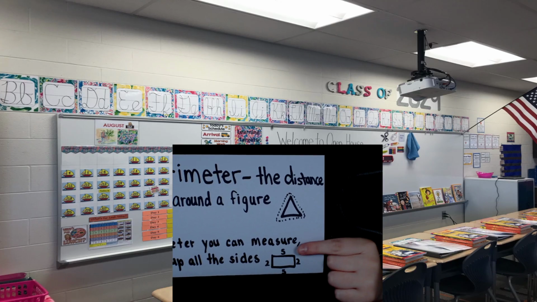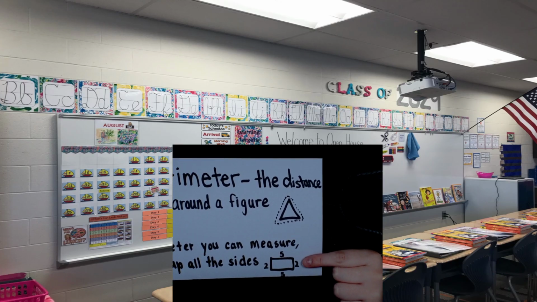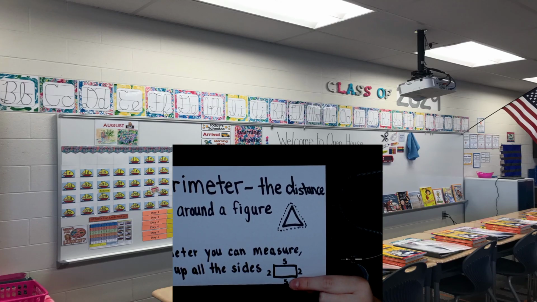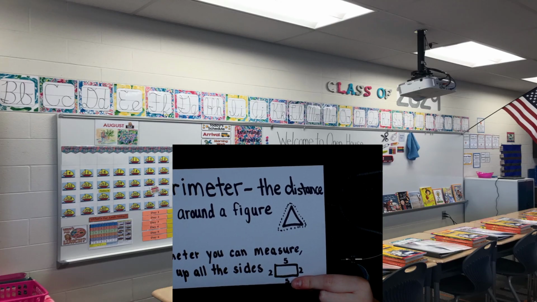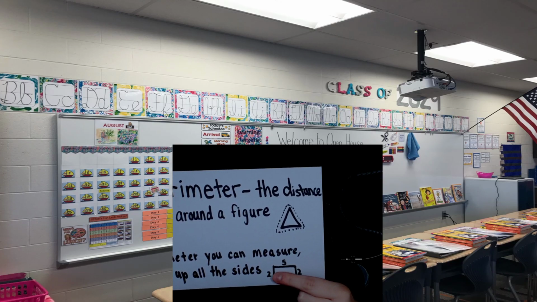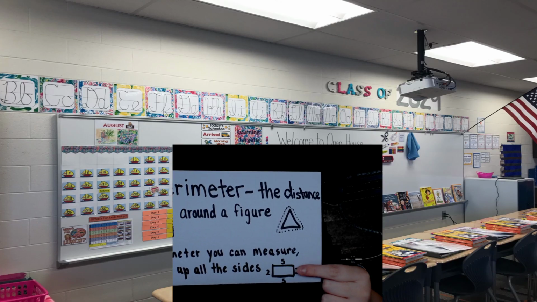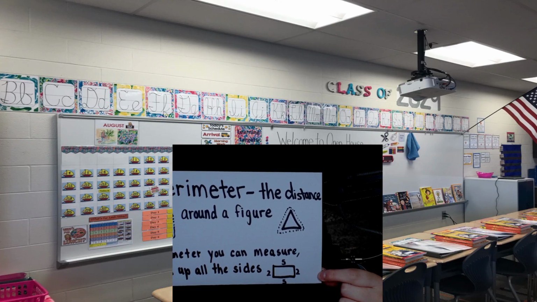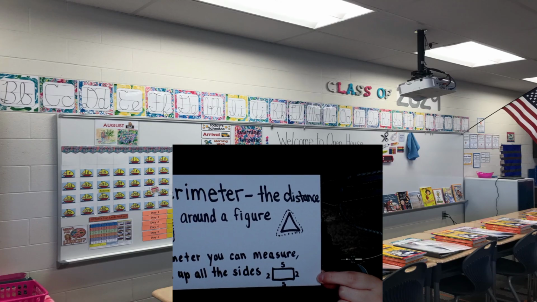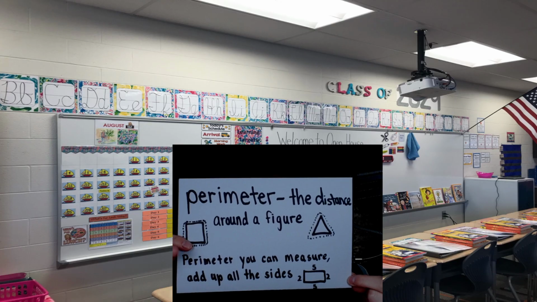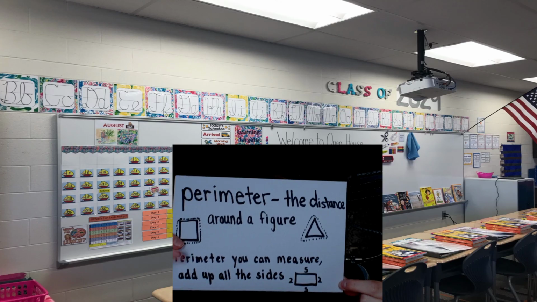Let's think. 5 plus 2 is 7. 7 plus 5 is 12. 12 plus 2 is 14. The perimeter of this rectangle would be 14 because I added up all the sides. Perimeter you can measure, add up all the sides. That's going to help us as we move on.